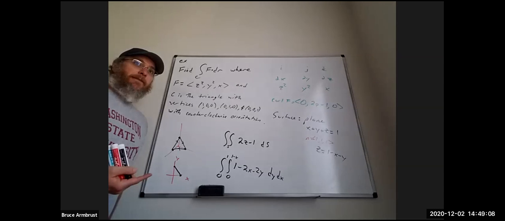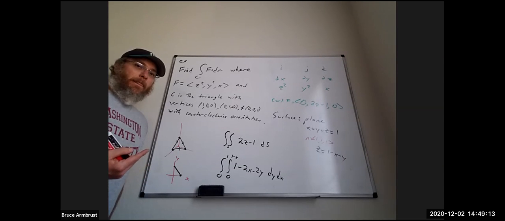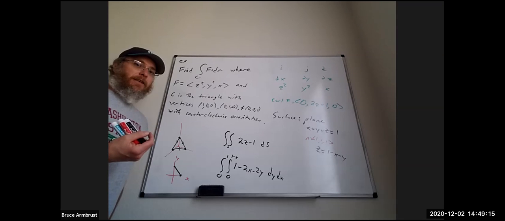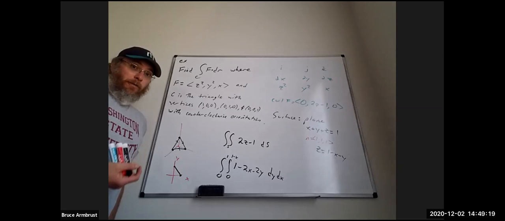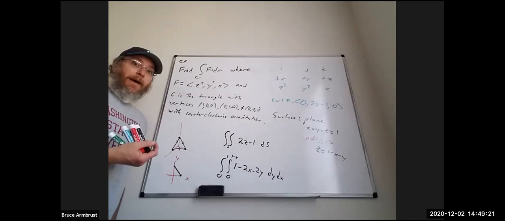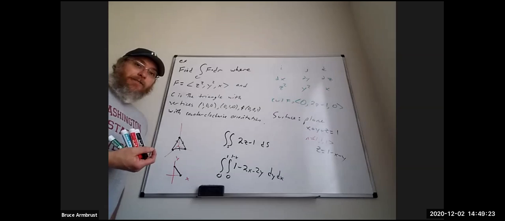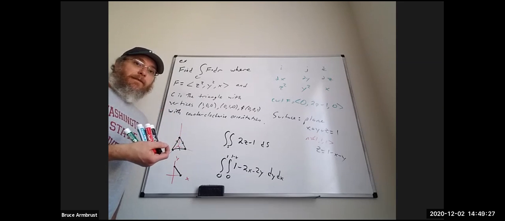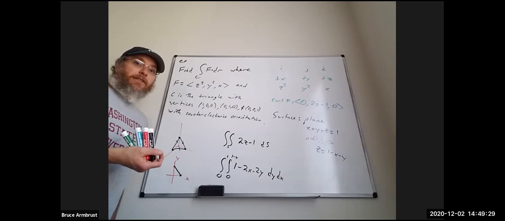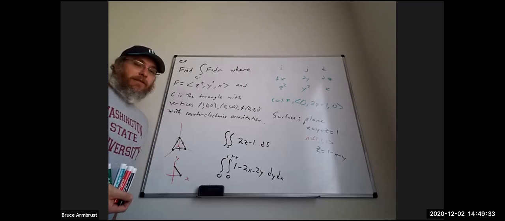And the magnitude ends up not mattering because that cancels out. Normally we would need the unit normal vector, so we would divide by its magnitude. But the magnitude is the Jacobian for the transformation, and so that's why it just cancels and doesn't matter anymore.